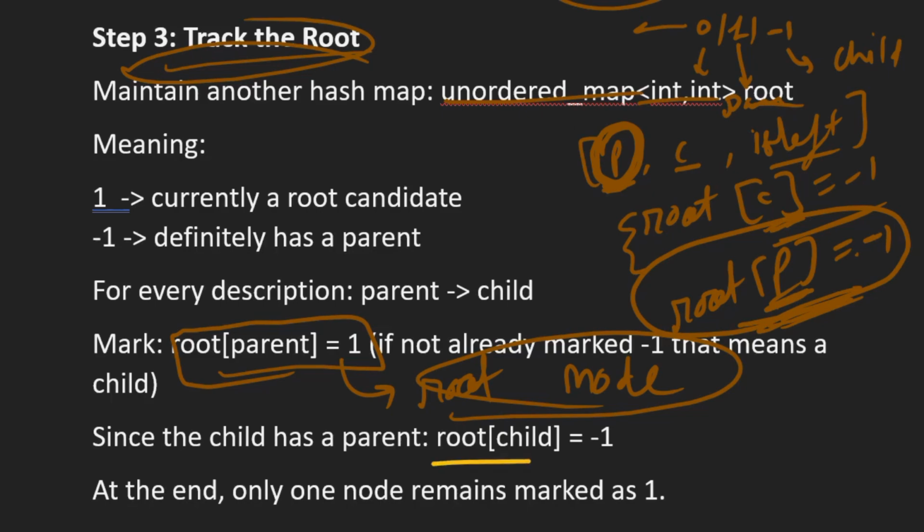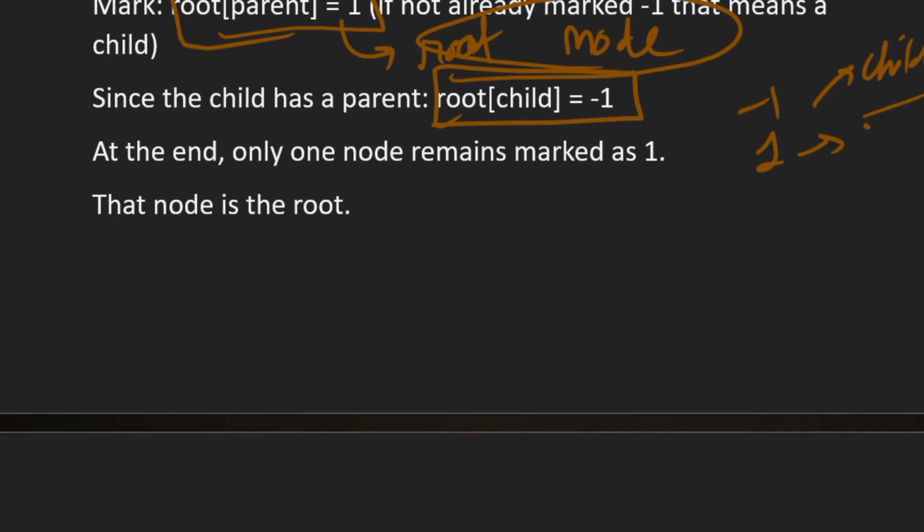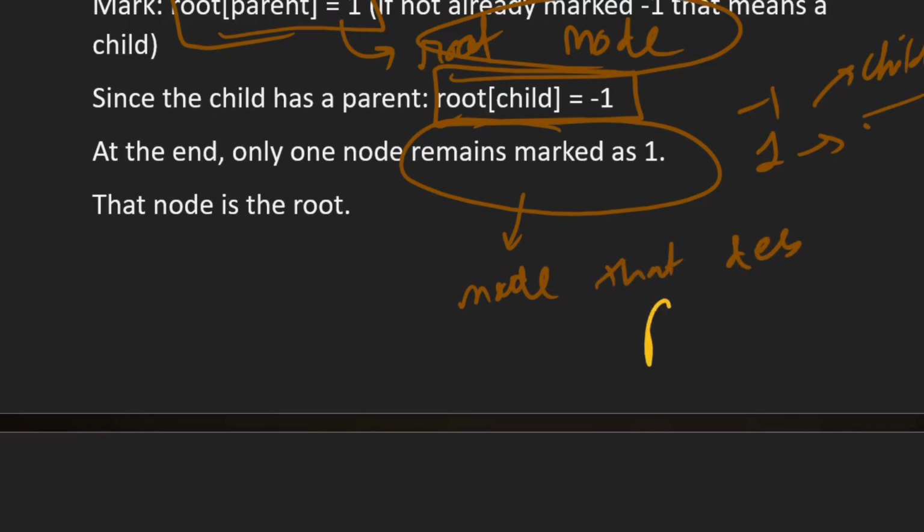And root of child is equal to -1. So -1 denotes a child that has some parent, and 1 denotes that it does not have any parent. At the end, when we build the whole tree, our root node will be the node that remains marked as 1, the node that does not have any parent.